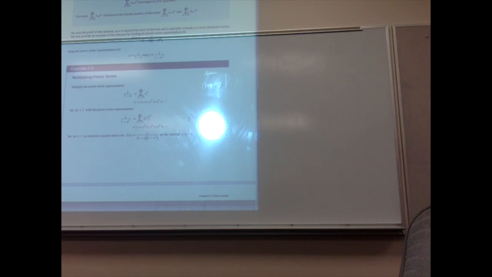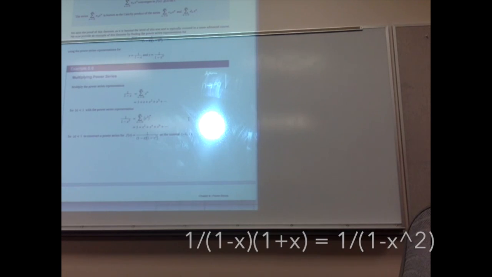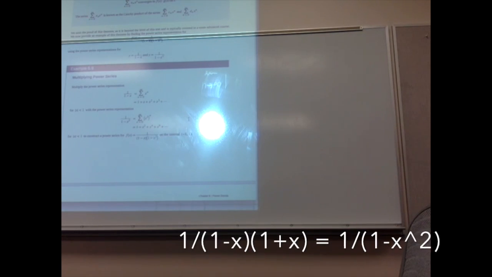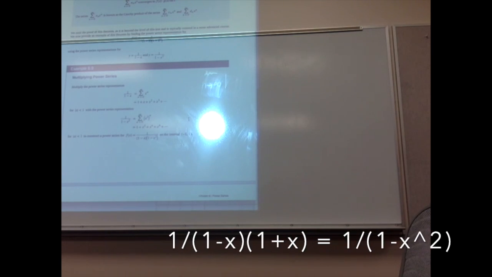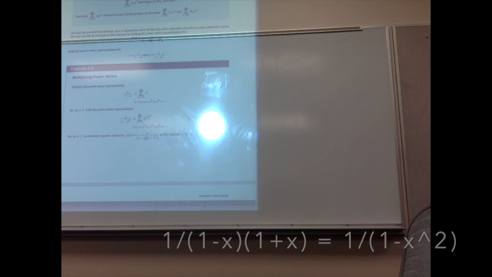But I just want to go over a couple more properties of power series. Three more, actually. If I wanted to come up with a power series for 1 over 1 minus x squared, the example I have in mind is a little bit of a silly example because I'm going to do something simple in a hard way.